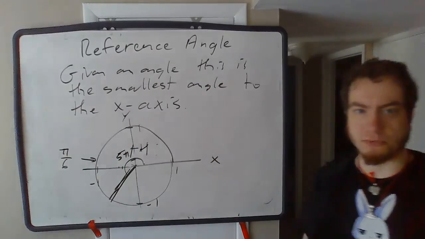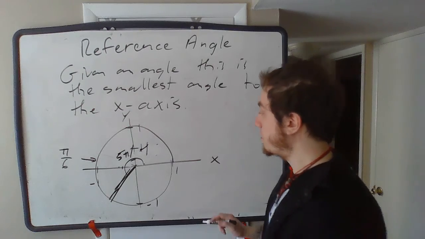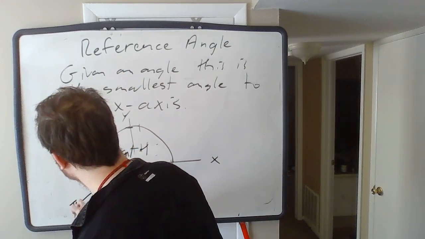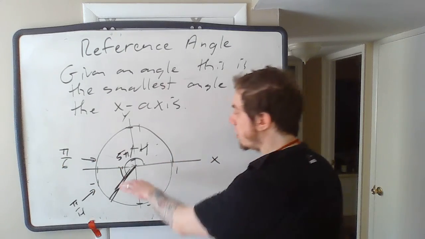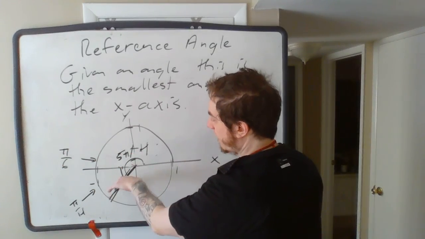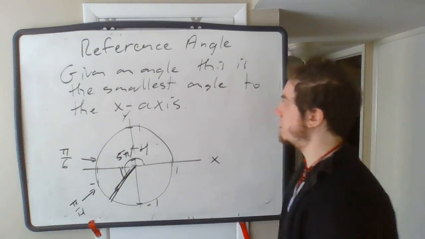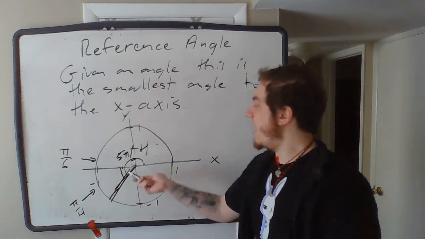Sorry, hopefully that's sort of readable here. But the reference angle here would be pi over 4, because the smallest angle between this radial line and the x-axis is pi over 4. So the reference angle is just the angle that you use here.